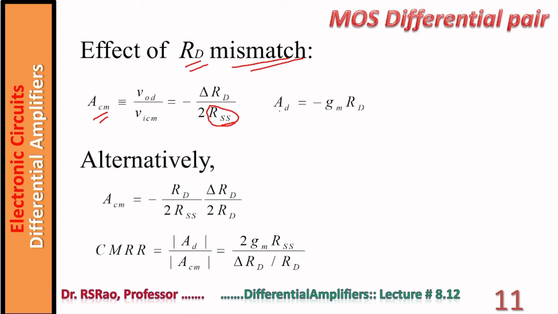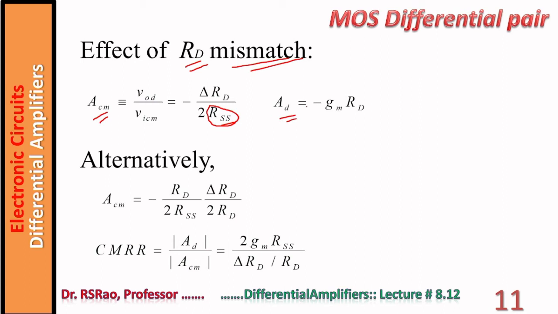And of course, it is supposed to be infinity, but in practice, it is not so. For an ideal current source, internal resistance should be infinity. Here also, it should be the same. RSS should be infinity, but that is ideal. In practice, it is not so.